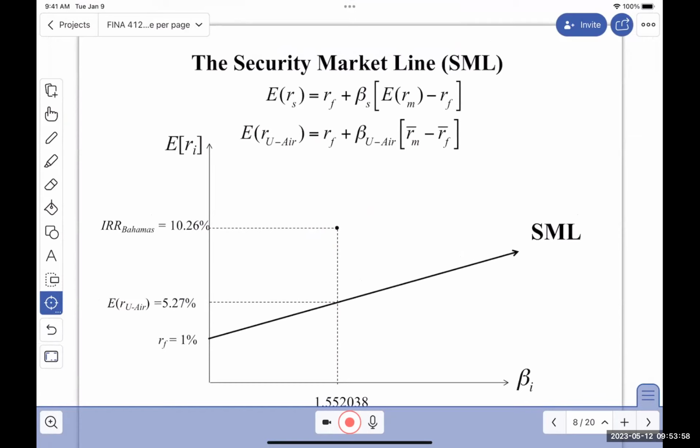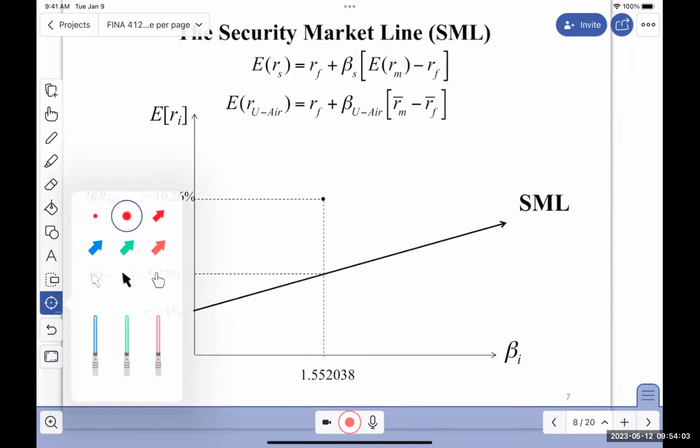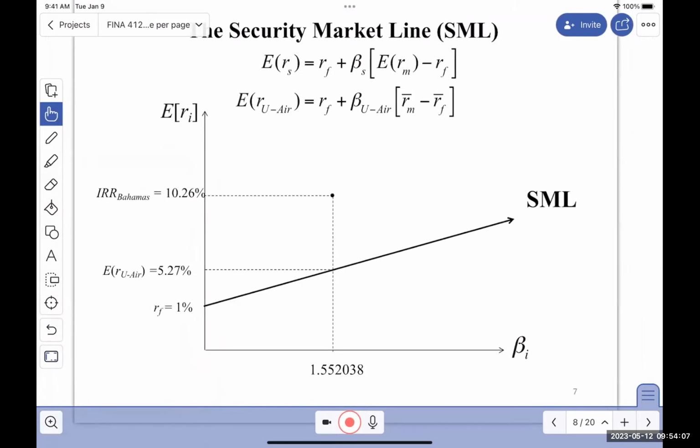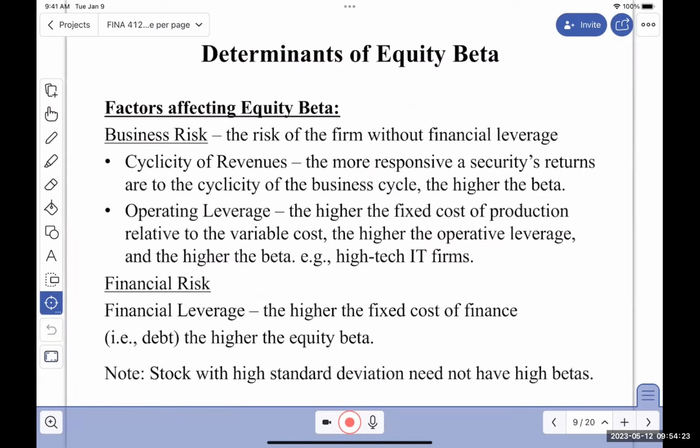So is it undervalued? Because it's above the line, it's undervalued. I explained that last class, right? Assets above the line are undervalued. So have a look at that. If I have time, I'll go and explain this again, but we have so much to do. I'm on page 8 and I have to get to 20 and do a long problem.